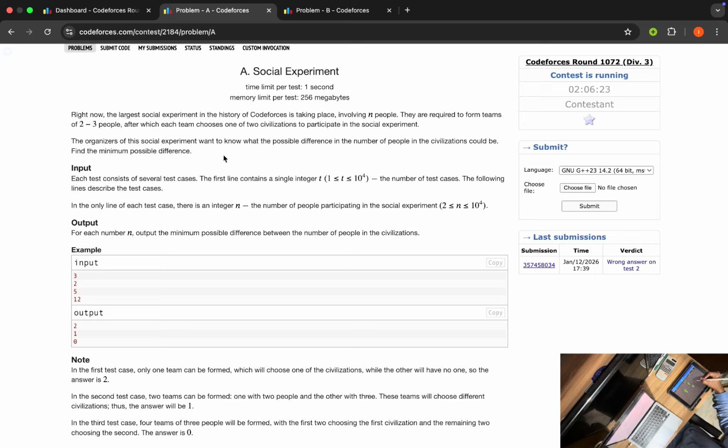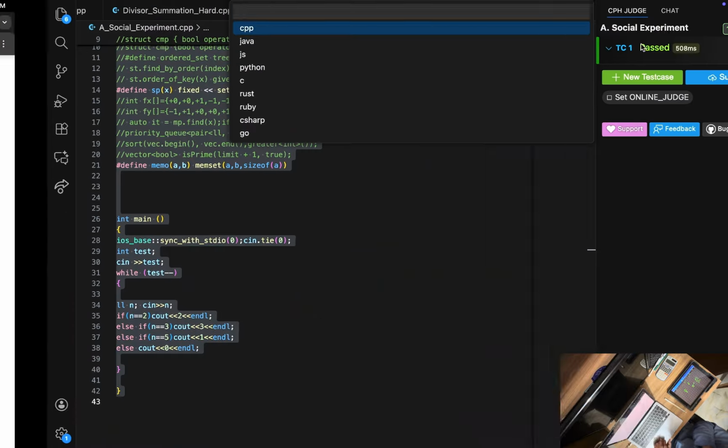Okay, yeah, then the value is 1. And if the value is too small, something like 2, 3, yeah, 2, 3, yeah, makes sense.